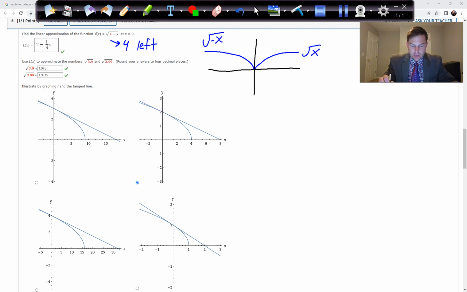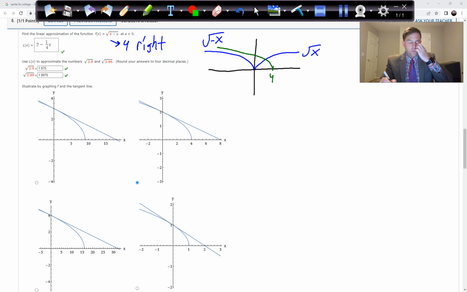Actually, we have to be careful here. The minus sign is actually going to make this go 4 to the right. So it's counterintuitive. When you put the negative sign in front of the x, now when we add a 4 to it, it actually goes the opposite of what we would anticipate. So a plus 4 in this case is 4 to the right. So now the curve is going to be over here at 4, and it's going to look like this.